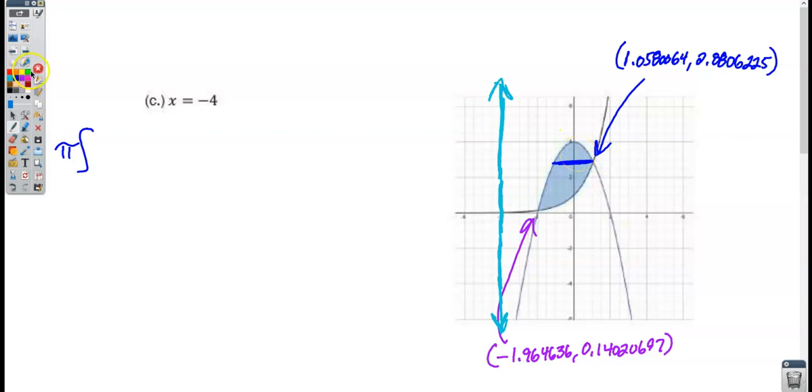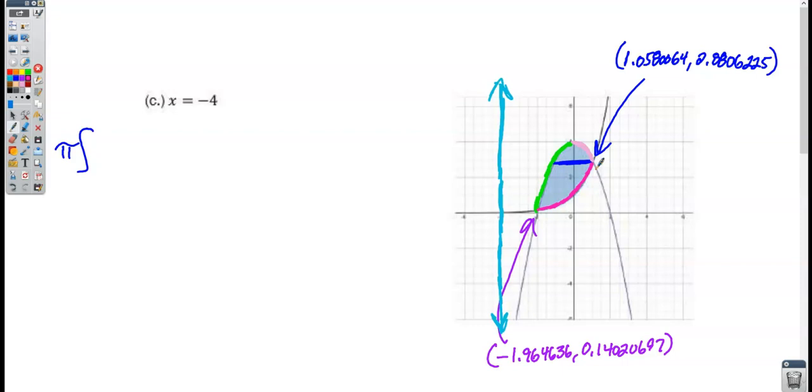Okay, the inner boundary is the same all throughout. It's this curve right here, this piece right here. But the outer boundary, I've got this curve here, and it is this curve below that horizontal line. So we're going to need two integrals to find the volume of this solid.